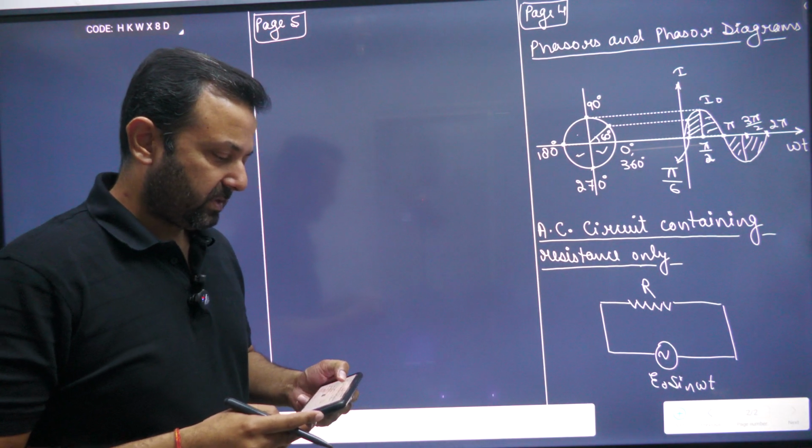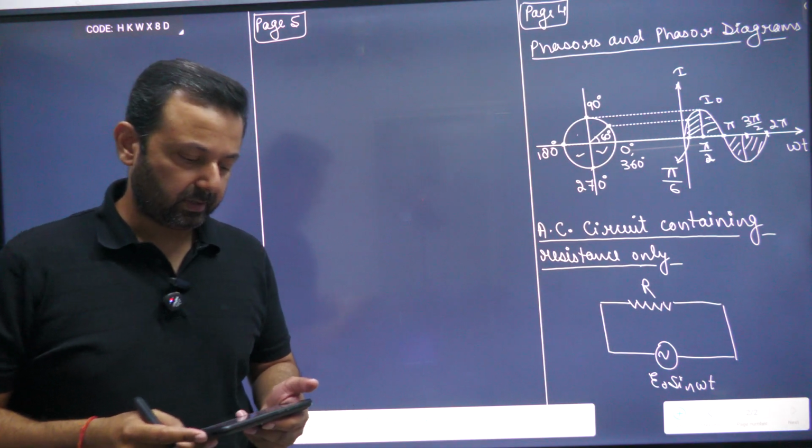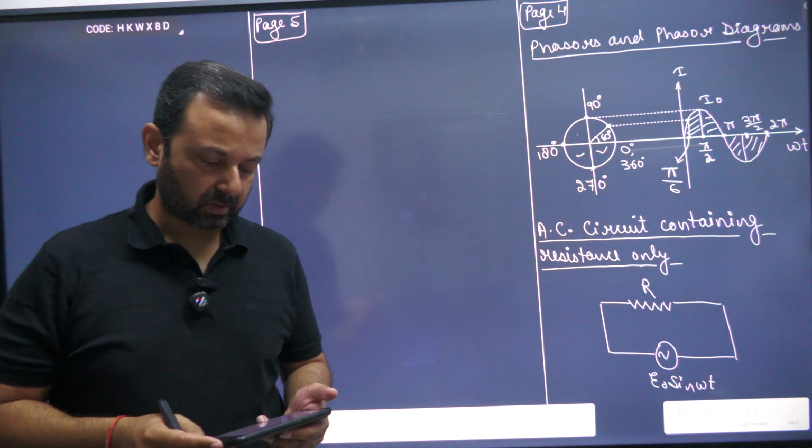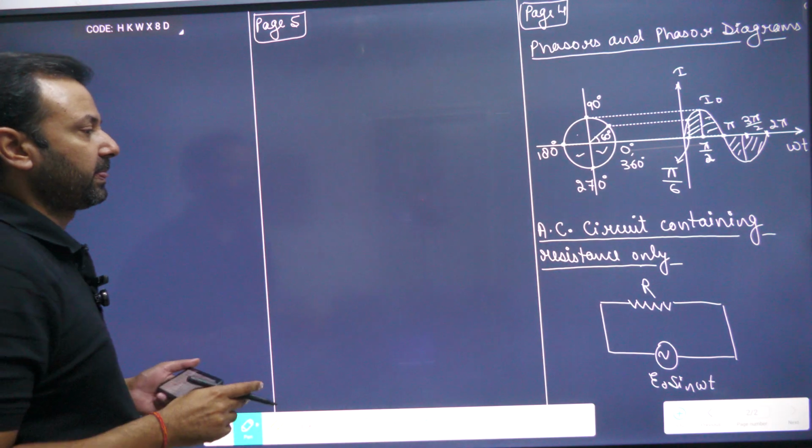If I is the current in the circuit at instant t, then the potential drop across R will be IR.